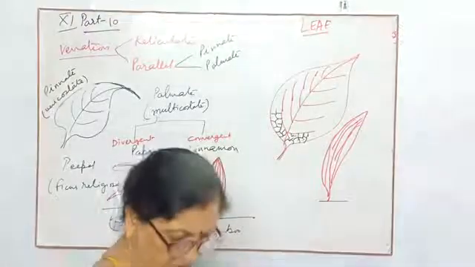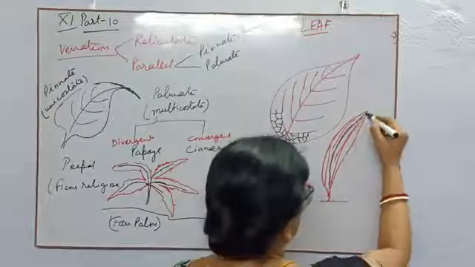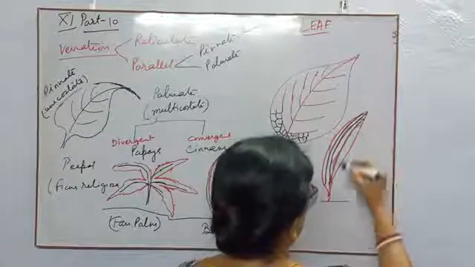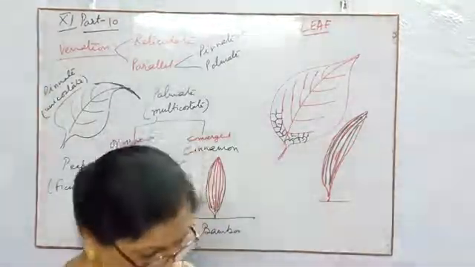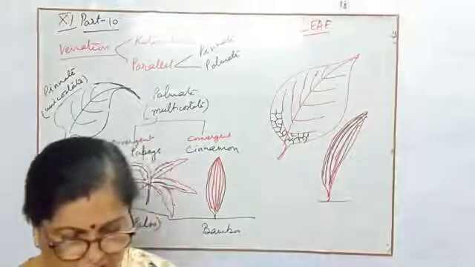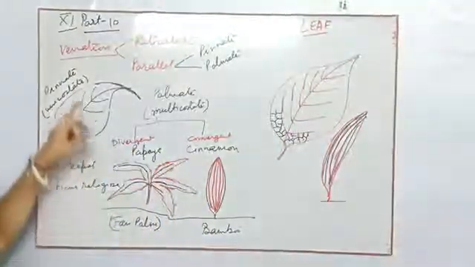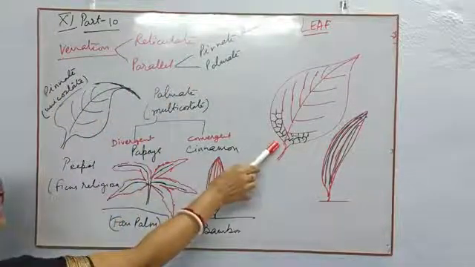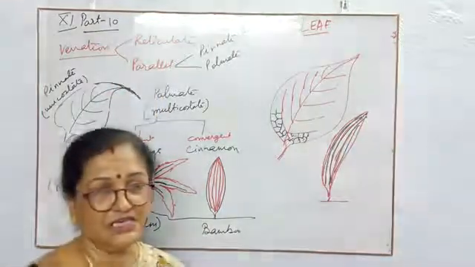Cinnamon leaf. Cinnamon means, children, you know, there is the midrib and other veins are going parallel to the midrib. So they are known as parallel venation, or they are having parallel venation. So there are two types of venation. Reticulate means, as children you know the word meaning of each and every term.